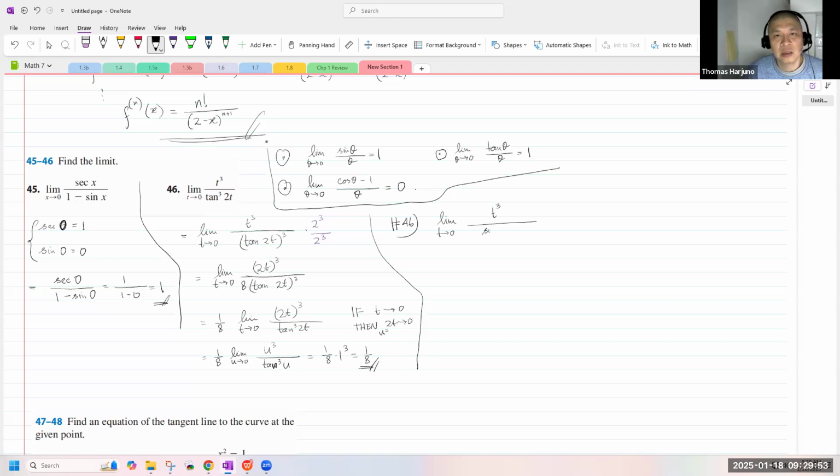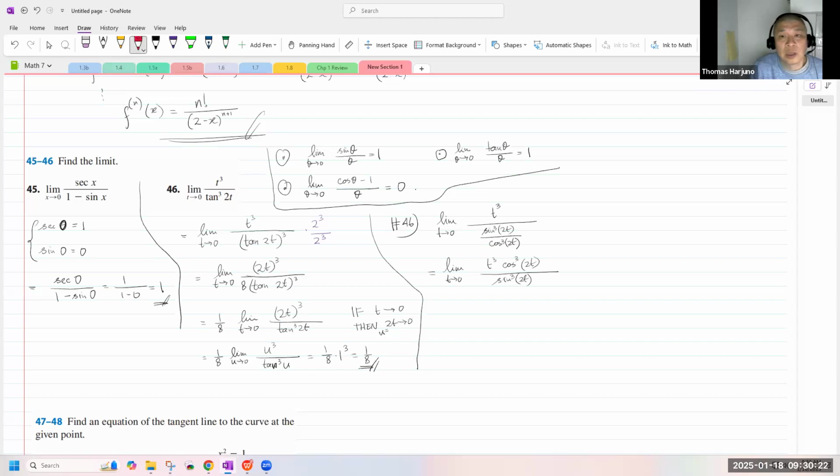So this is sine cubed of 2t over cosine cubed of 2t, which equals, multiplying the top and the bottom by the LCD cosine cubed, t cubed cosine cubed 2t over sine cubed 2t.